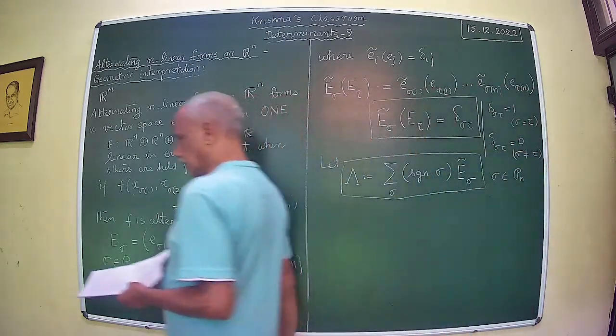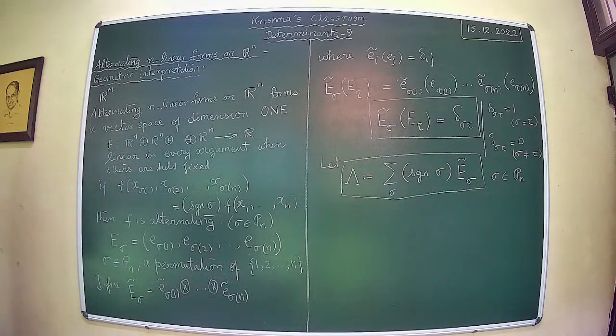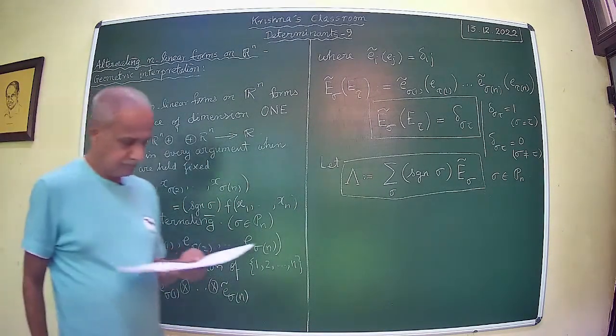That is, it's a permutation of n symbols.